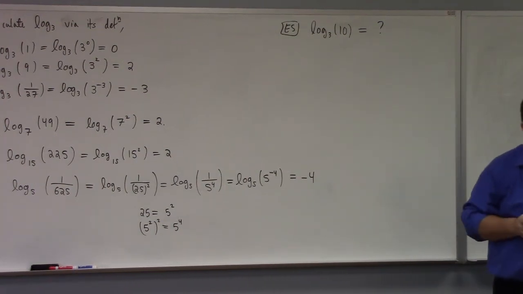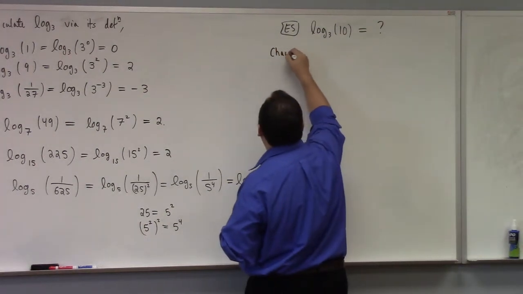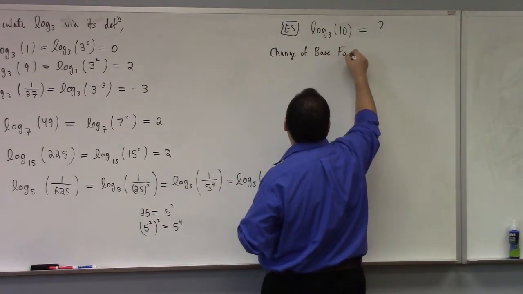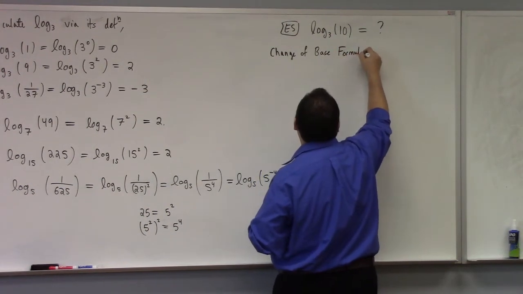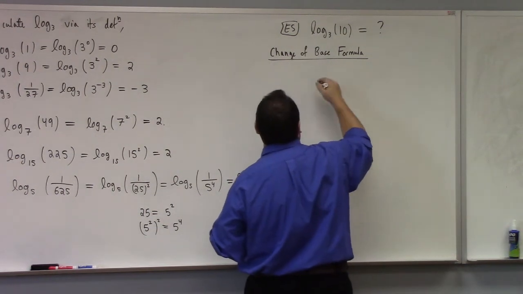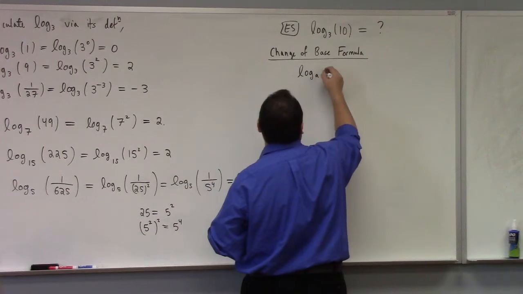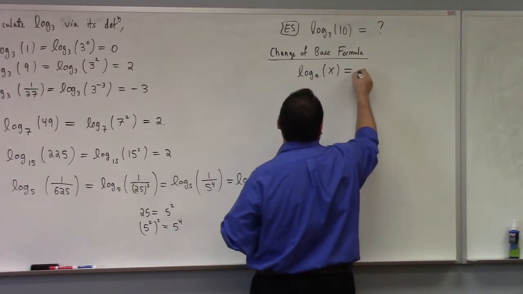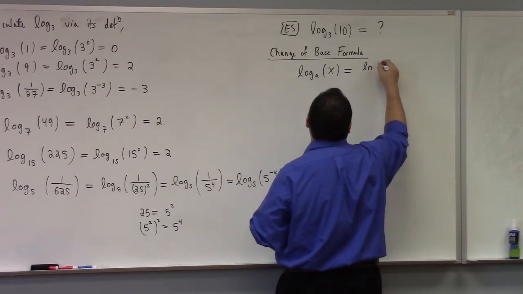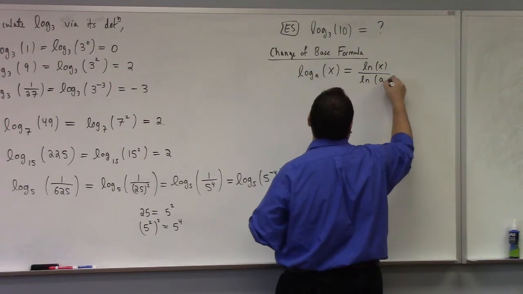There's something called the change of base formula. Sometimes I talk about this much later in the presentation, but for you guys, it came up here sort of organically. So here it goes. If we have log base a of x, we can calculate that by taking the natural log of x and dividing by the natural log of a.